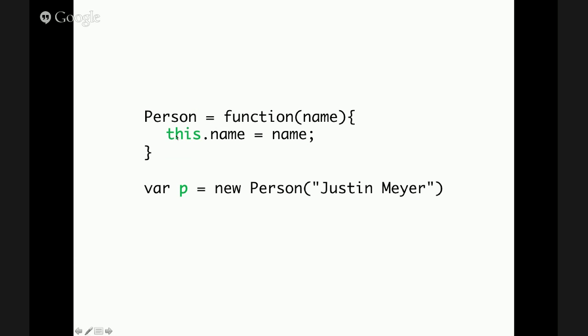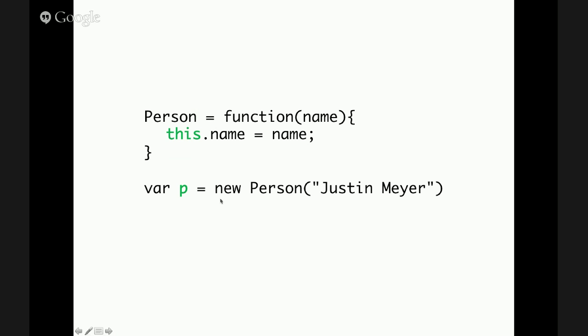Essentially, functions are just functions in JavaScript, whether their variable is capitalized or not. Capitalizing it is just a convention that means, hey, you should call this function with new.